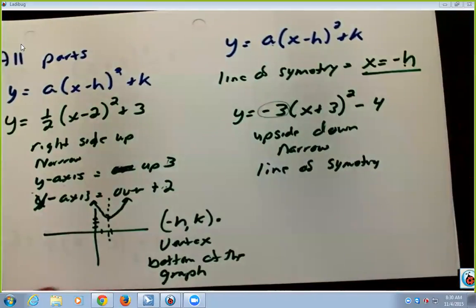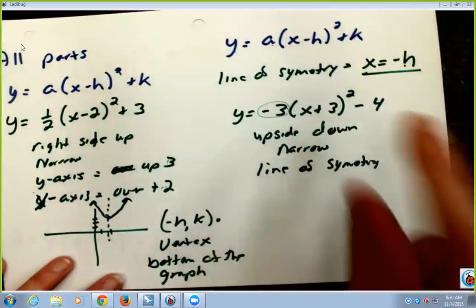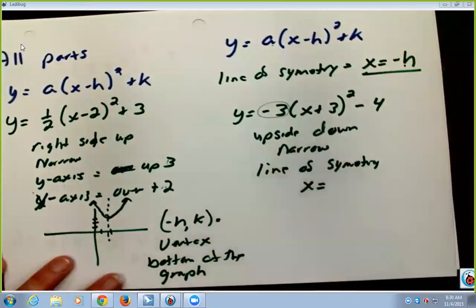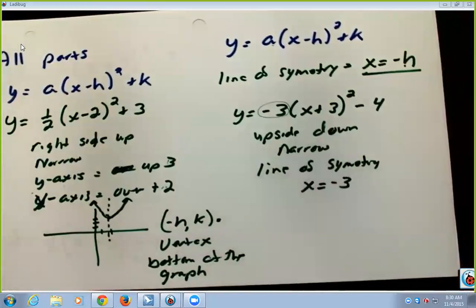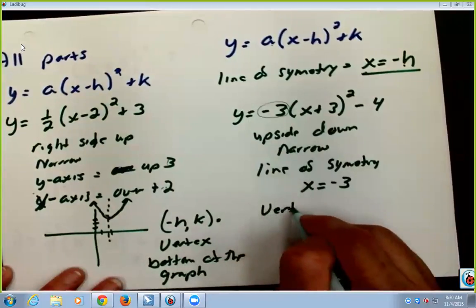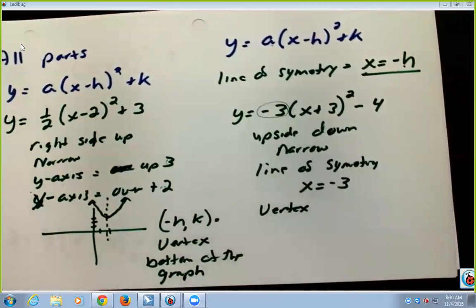So the line of symmetry is the opposite of H. So x is equal to -3. And then we need its vertex. What does its vertex happen to be? What would my vertex be?